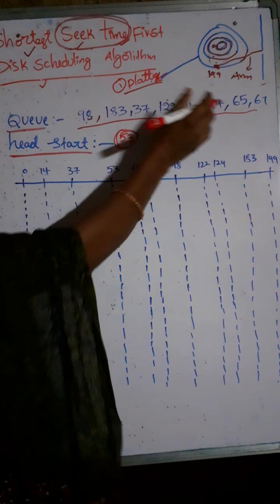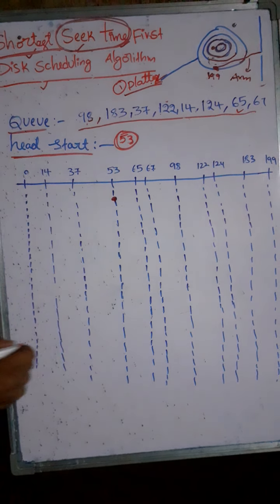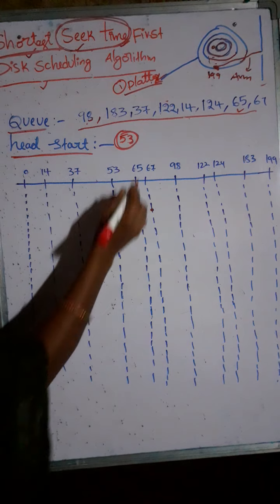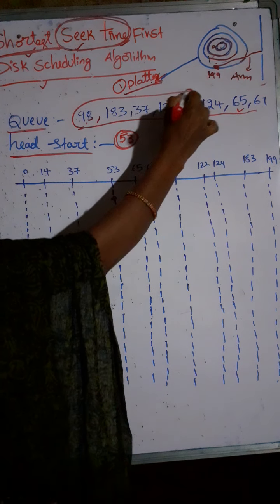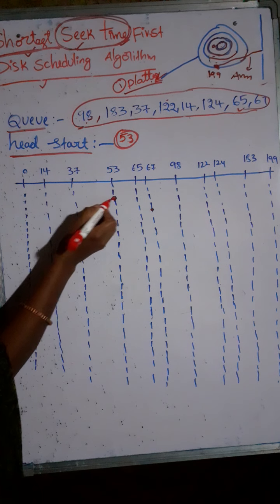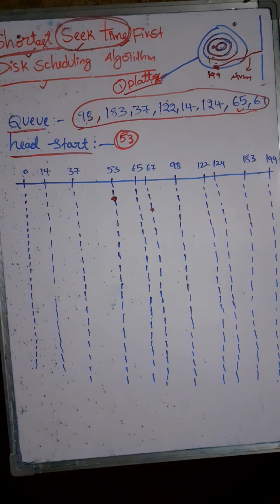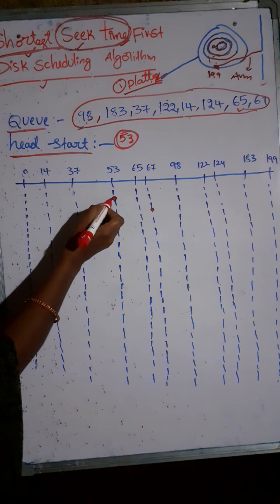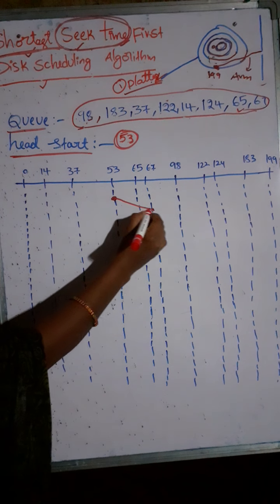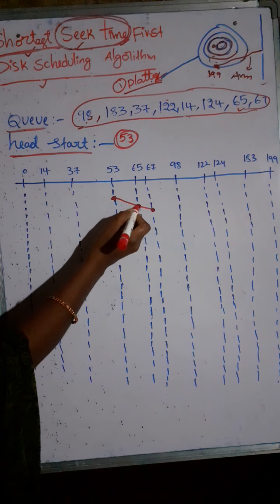Among these requests, 65 has the shortest seek time, from 53 to 65. Shortest seek time means the seek time should be less. From 53 to 65 it will take less seek time, so the 65 request should be served.